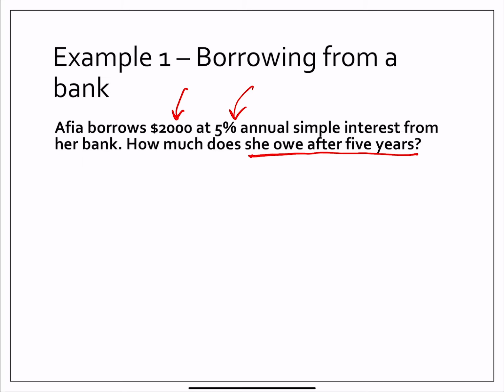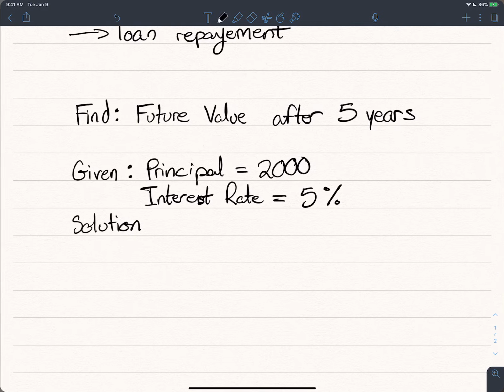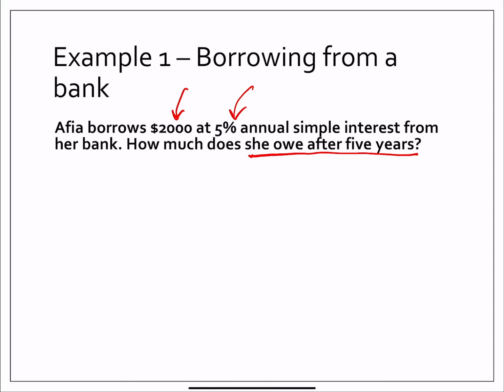Yes, so that 5% is going to be our interest rate. Our interest rate is 5%. And there was another little piece in there. What kind of interest is it?